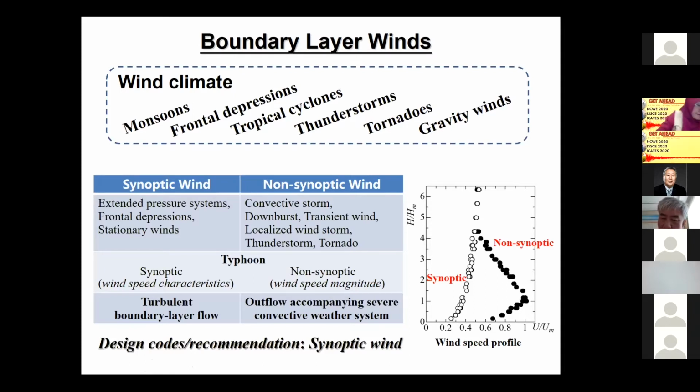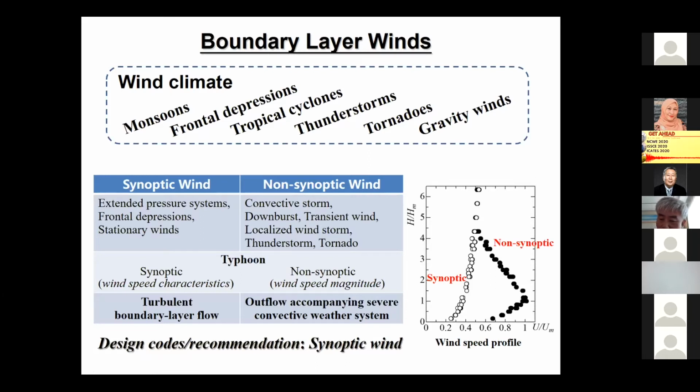In most current design codes and recommendations, we consider synoptic wind. Of course, we pay particular attention to non-synoptic wind loads, such as from thunderstorm, typhoon or tornadoes, but usually we consider synoptic wind, even when it is part of a typhoon.